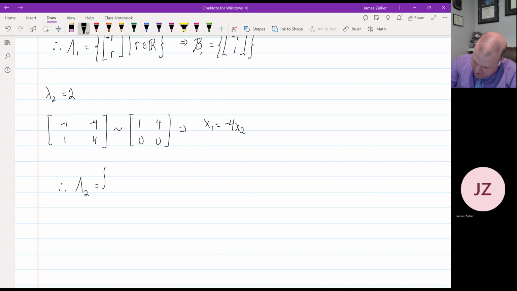So the eigenspace is the set of all vectors of the form -4r, r, such that r is any real number. And that means a basis is the set of the vector -4, 1.